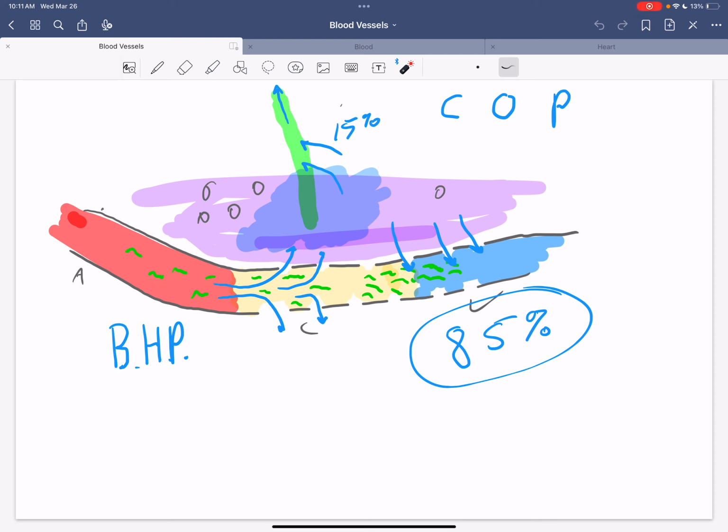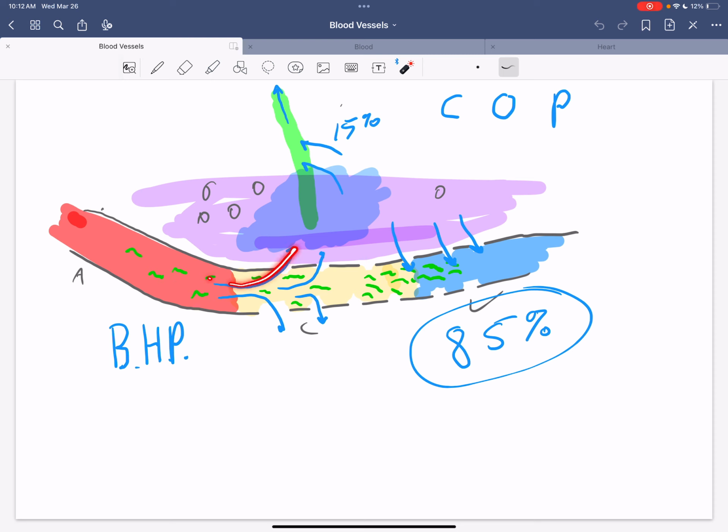Now, something else we should consider is I drew these little green squiggly things. These are to represent the proteins such as albumin. Albumin's the dominant one, made by things like the liver. And these proteins are too big to leave, so they don't leave.